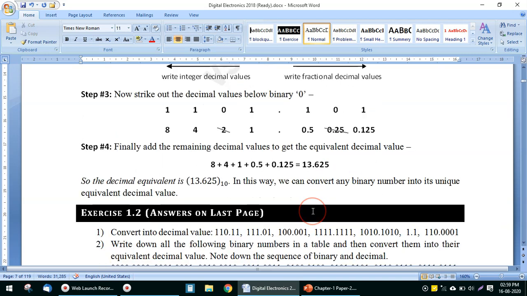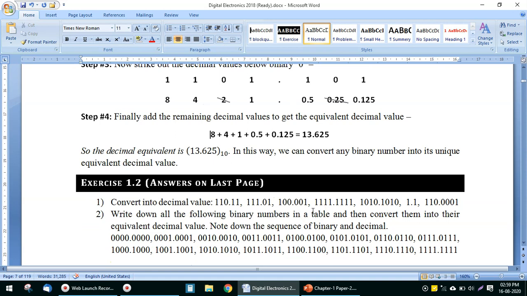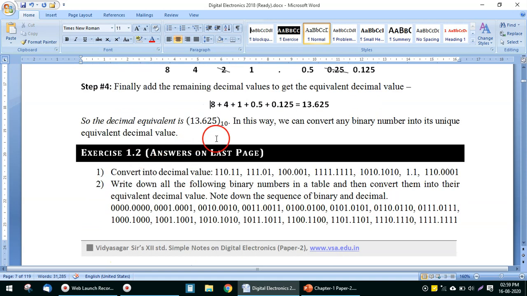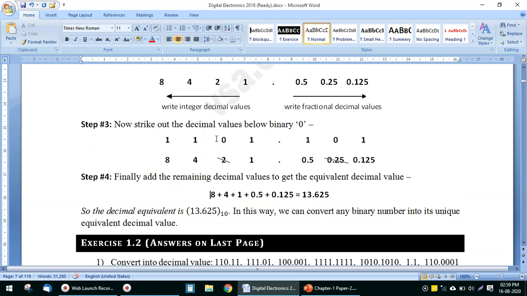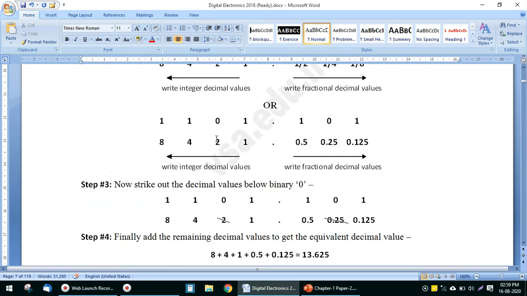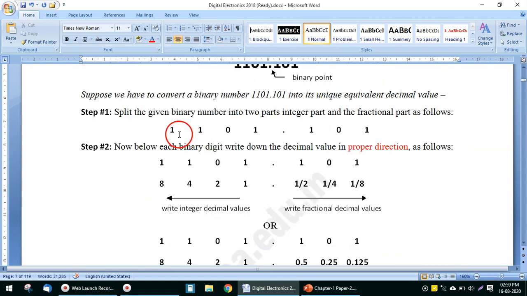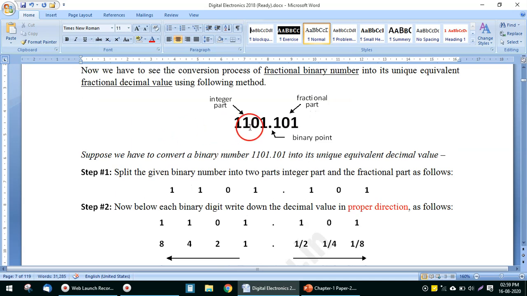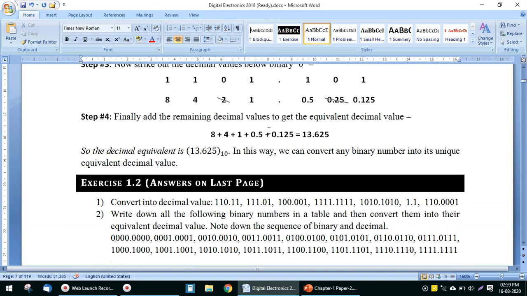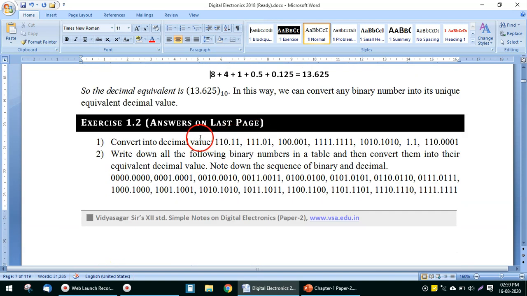So the answer is 13.625. So 13.625 is the unique equivalent decimal value of this given binary number 1101.101. You have to solve this exercise, and the answers of this exercise are given on the last page of our notes.